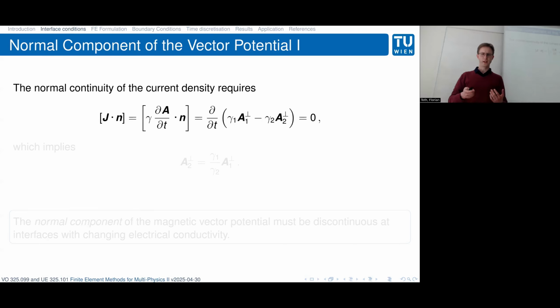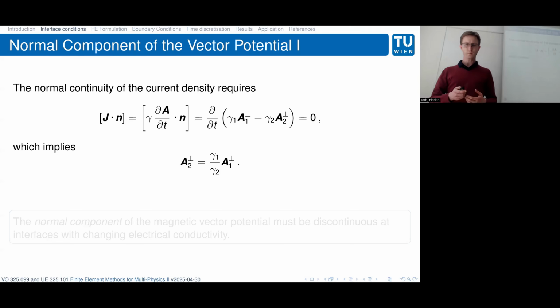And if we insert this here and we introduce the jump, we see, okay, this expression gamma 1 times A1 normal minus gamma 2 A2 normal, this is only zero if we have a certain relationship between the A1 normal and the A2 normal.